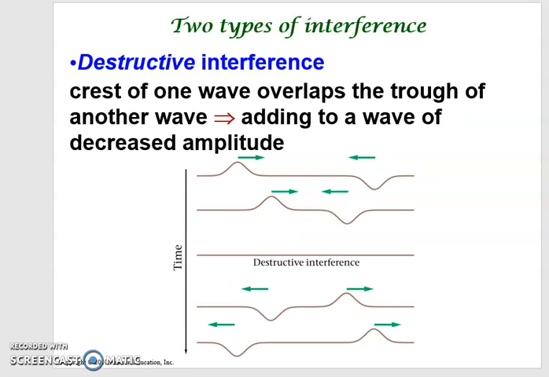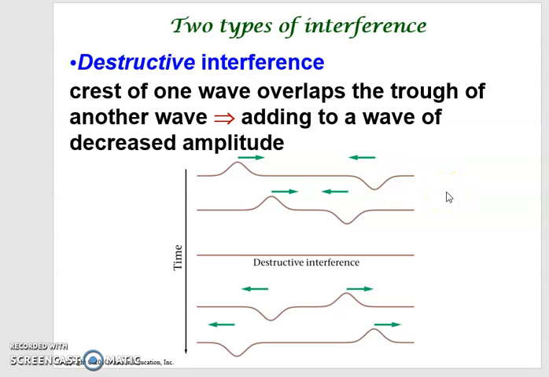So the second scenario is the so-called destructive interference. Once again, this is the direction of time and you have two waves colliding with each other. But now the difference is that this wave has a positive amplitude and this wave has a negative amplitude.